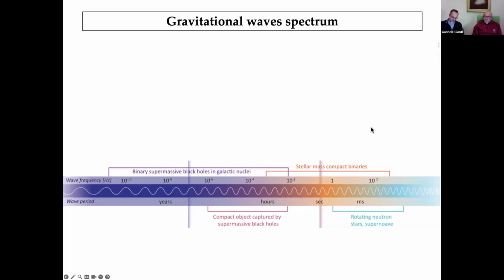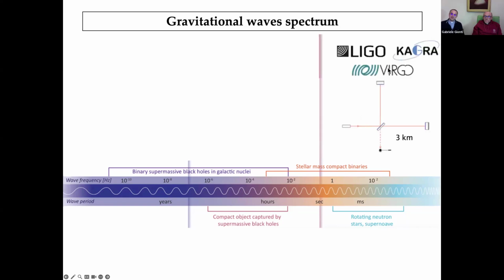So in this right region, for higher frequencies and smaller wavelengths, you can use Earth-based detectors like LIGO, KAGRA, Virgo.